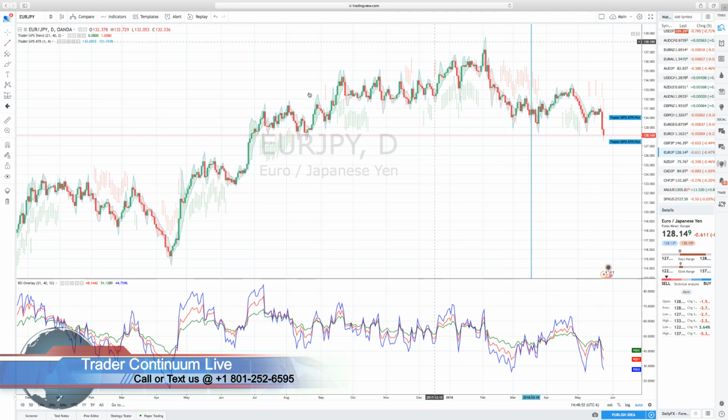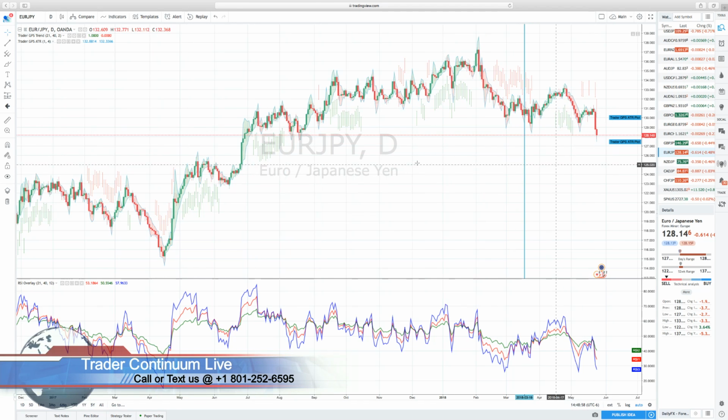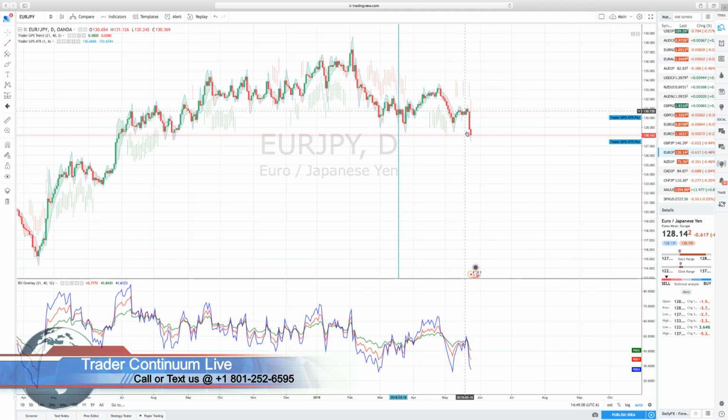Obviously it's rounding off, but we're making lower highs now on price. Anyways, that's what we're talking about for the euro Japanese yen. Hopefully, we'll be seeing whatever we need to see on that one in the next several days or so. But we'll keep you in the loop as we move along in the live broadcast.